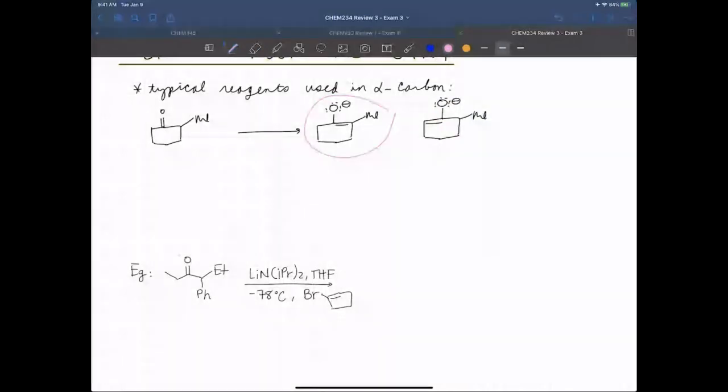This is known as what? Is this a thermodynamic or the kinetic? No, I'm only asking for the one I circled in pink. Is that a thermodynamic or a kinetic? Good. Okay, so we know we're working with a thermodynamic enolate, which is more substituted.